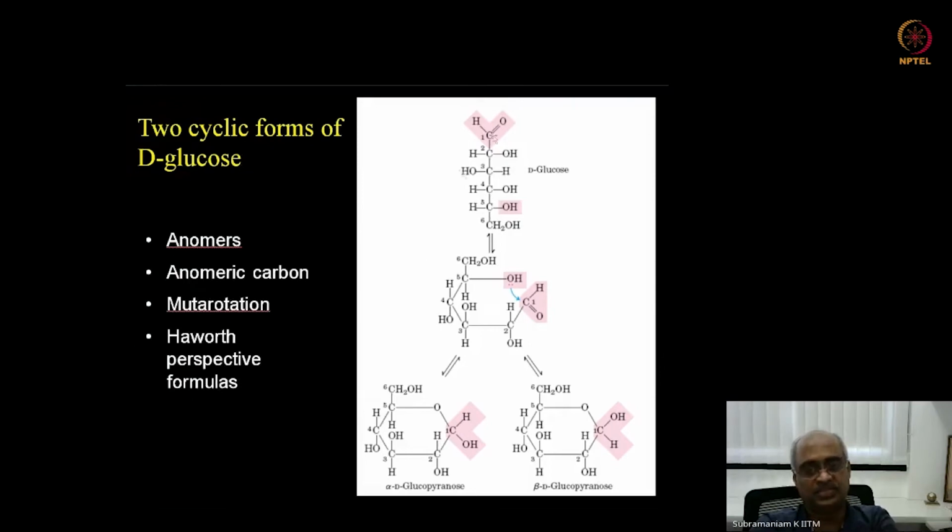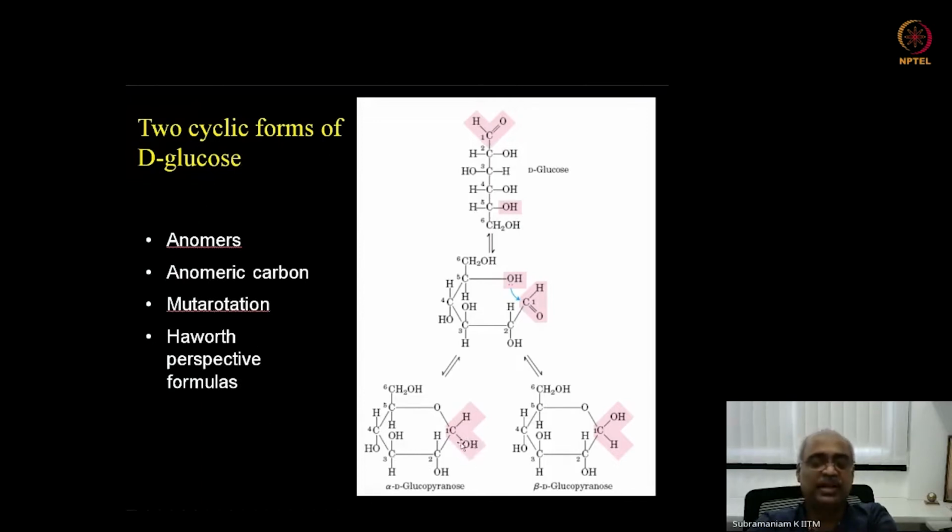So this is the Fischer projection formula, and this is the Haworth perspective formula. This is not exactly Haworth. In the perspective formula, we would have used those wedge-shaped bonds to show the projection as well. But this hexagonal ring is usually referred to as Haworth because Haworth proposed this first.